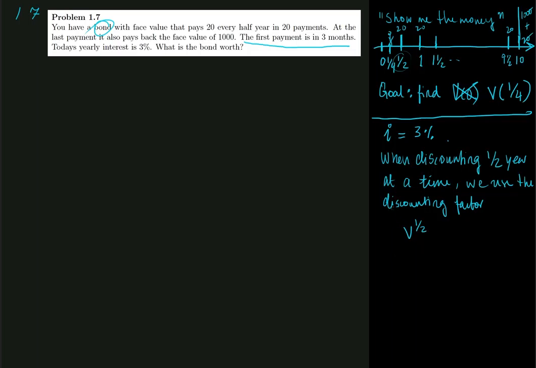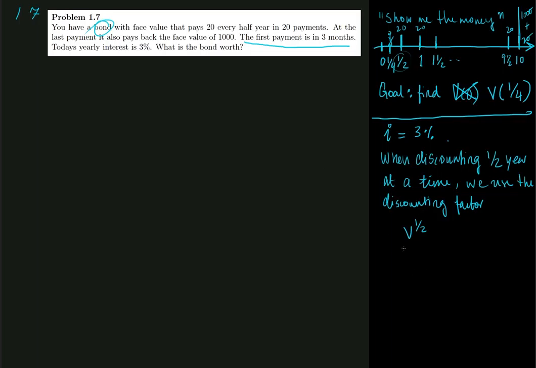So if we discount 2 years, it's v to the second. If we discount a 1/2 year, then it's v to 1/2, right? So now we also know which discounting factor to use. And the reason why it is v to 1/2 is explained in the whole chapter about fractional interest, so I would recommend you go look at that.